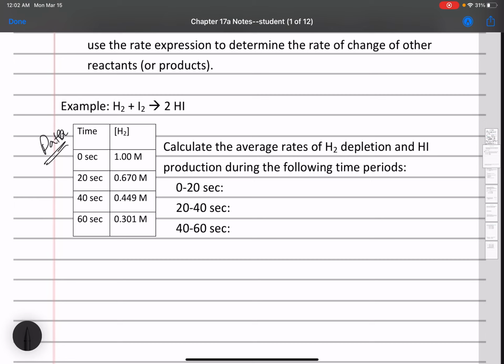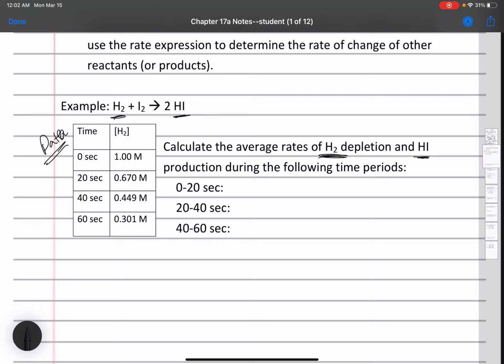Data, not date. And it wants us to calculate the average rates, so we want to know what the rate of hydrogen depletion is. Hydrogen is a reactant, so of course it's going to be decreasing, and hydrogen iodide production. And that, of course, is a product, so it's going to be increasing.